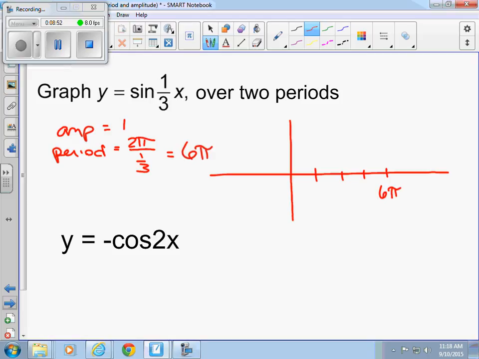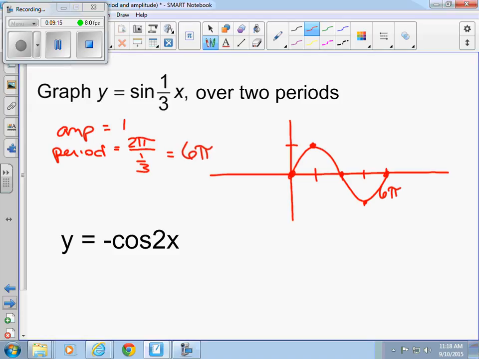Okay. Sine starts at 0, 0. Goes up to 1 because the amplitude is 1. And that is 1 period of sine. Covers 1 full sine. What did it ask me to graph? 2 periods.